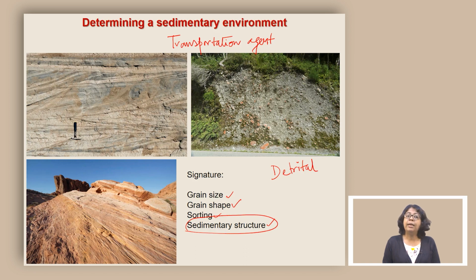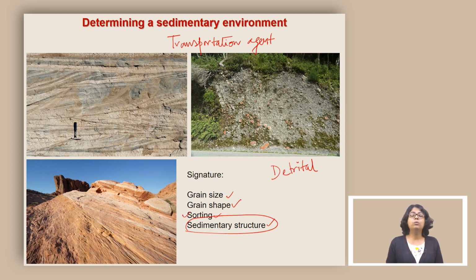The wind can carry very fine grained material such as, let us say, very fine grained sand. But for the glacier, because it has very high energy, it can also pick up a sand grain and carry it. So, in glaciers, we are going to find very large boulders as well as very fine sands. In wind, we are going to find only very fine sands and not really big boulders. That tells us something about sorting.